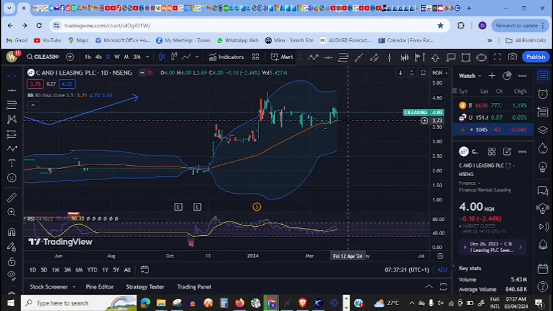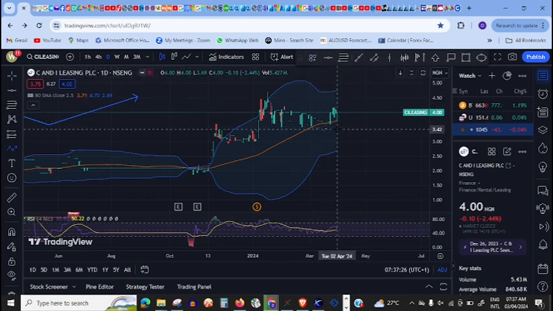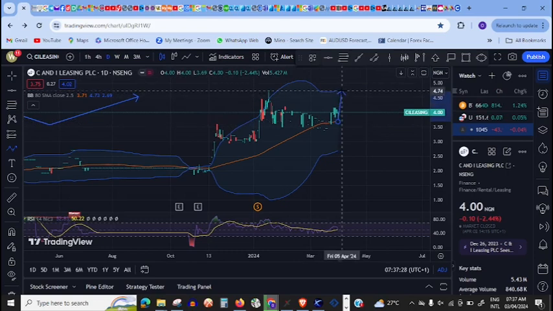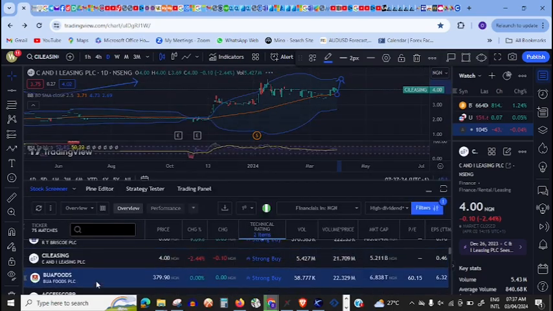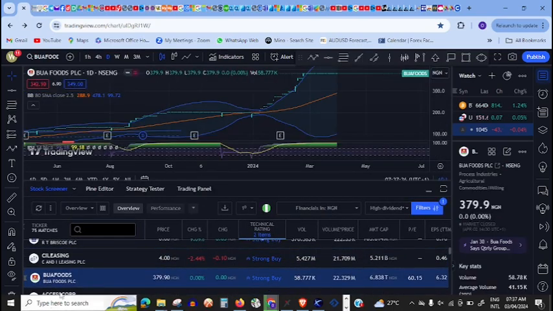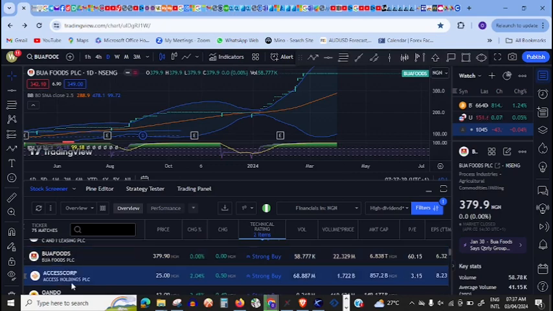So if I can get it at 3 naira 73 kobo for a push to the top of the band, which is 4 naira 74 kobo, that's a good one. Foods, I'm not going to look at that. It's in the overbought region.